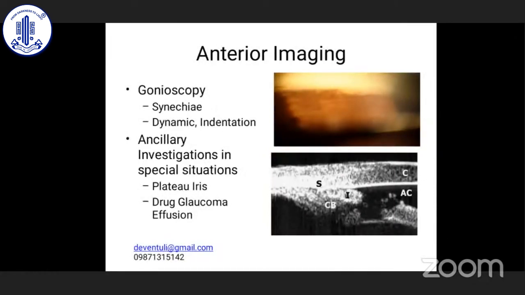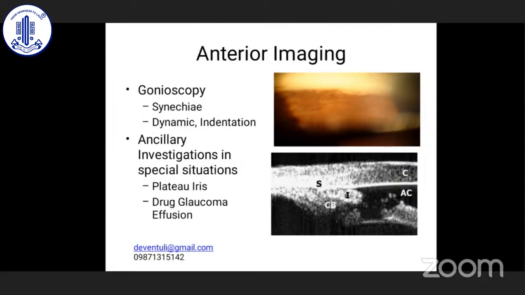Regarding anterior imaging, I must reiterate, it is only a supportive or ancillary tool to gonioscopy. It cannot replace gonioscopy. Look at the picture of gonioscopy synechiae. These are very difficult to pick up in inexperienced hands or in anterior imaging. And with dynamic gonioscopy, indentation, you can actually show indentation and show occludable angles, which again is possible with imaging, but requires a lot of imaging and a lot of experience.